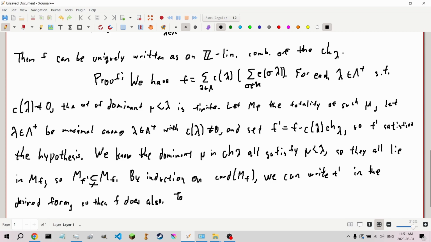To start the induction, note that the cardinality of M of F being 1 is trivial.